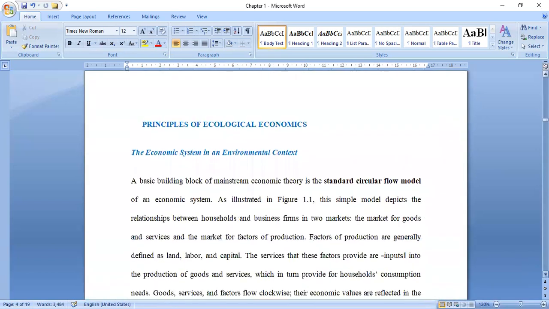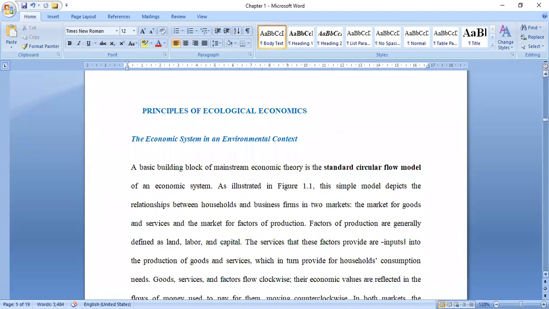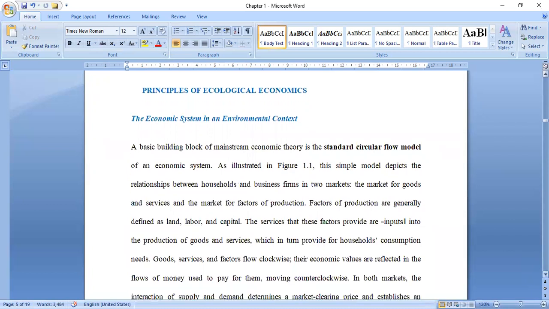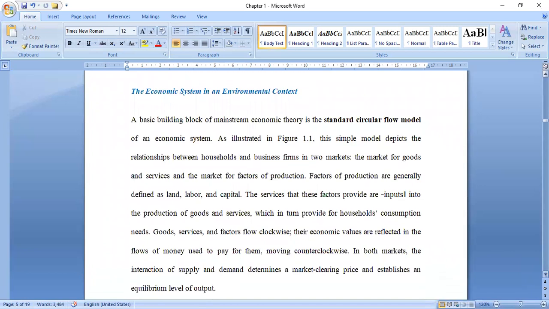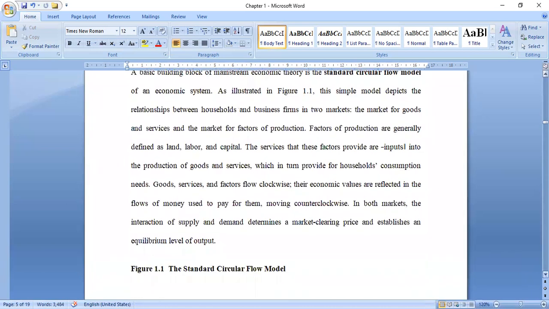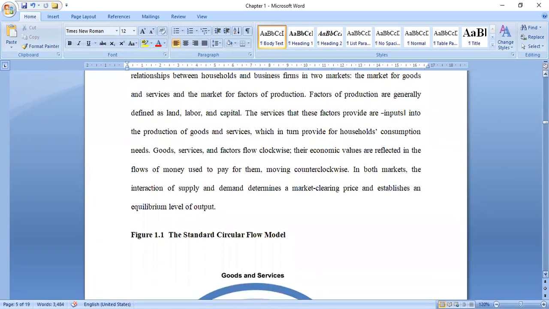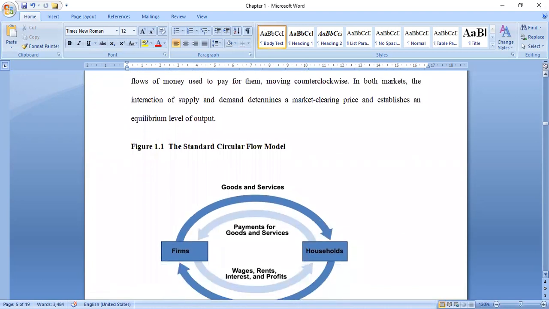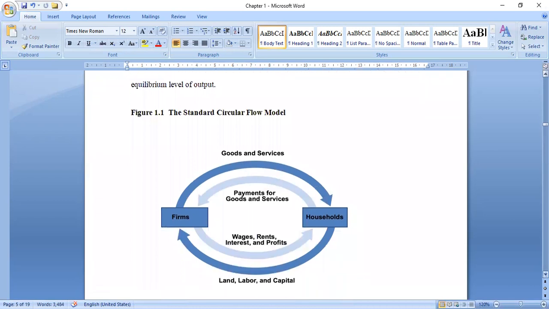We shall be looking at the differences between environmental economics and ecological economics, right? So let us look at the relationship between the economic system and the environment. We shall be looking at this by looking at what we call the circular flow model, the standard circular flow model.